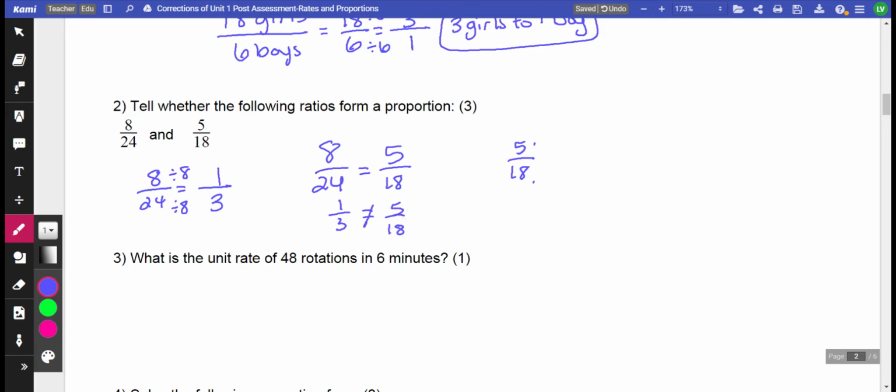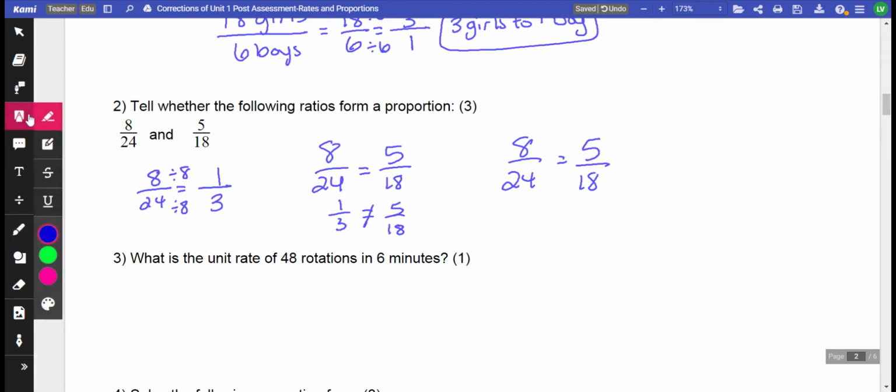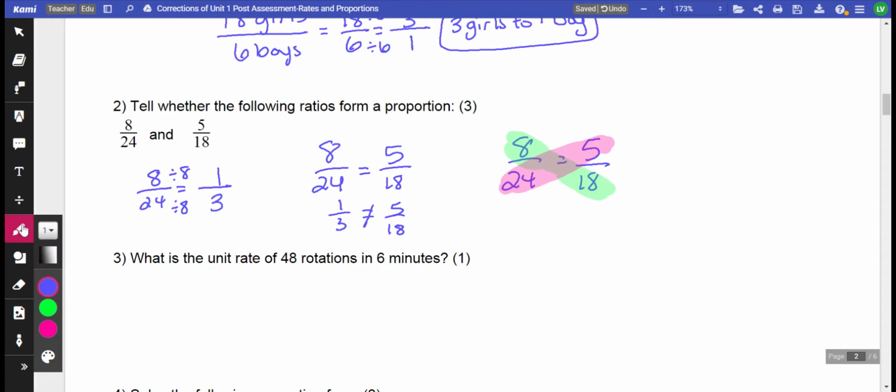Another way you could have tried this problem is taking 8/24 equals 5/18 and cross multiplying by doing 8 times 18 and 5 times 24. 8 times 18 becomes 144.